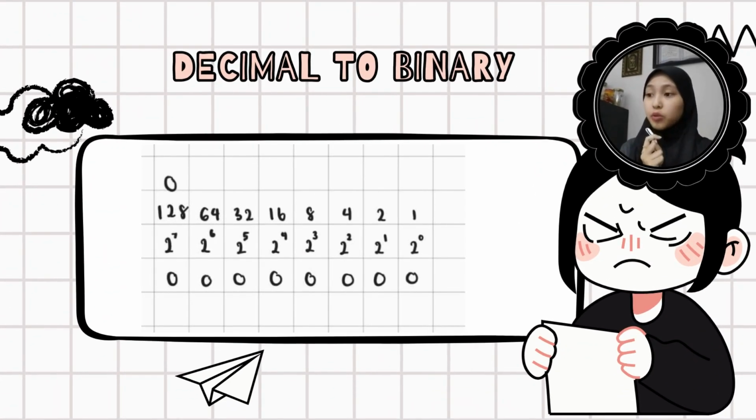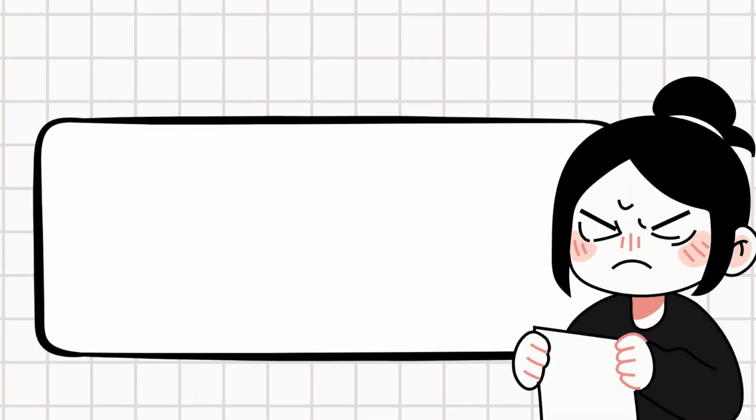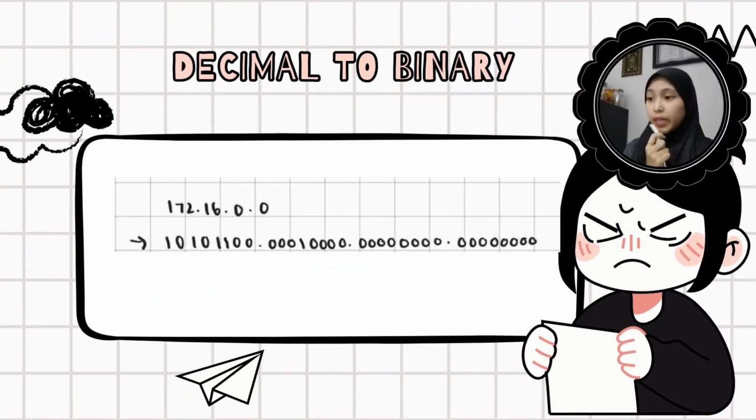Then next I'm going to convert zeros into binary. Since I do not need to find a sum to get zero, I fill everything with zeros. Thus, this is the binary for 172.16.0.0. And then next, moving on to the question.